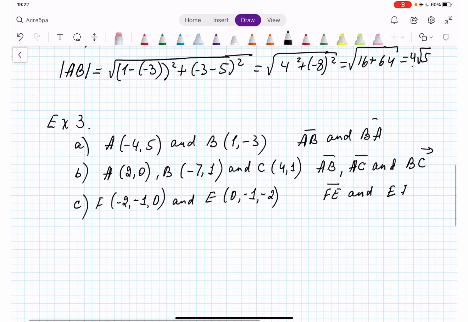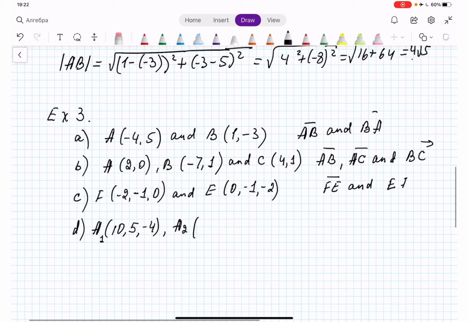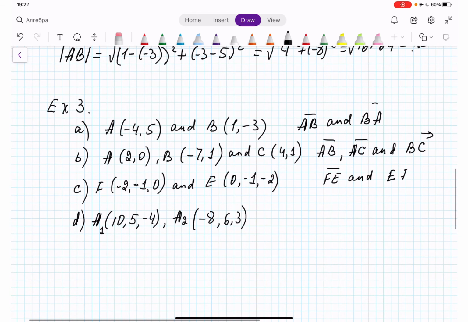And lastly, we have point A1 with coordinates 10, 5, negative 4, point A2 with coordinates negative 8, 6, and 3, and point A3 with coordinates 1, 1, negative 1.